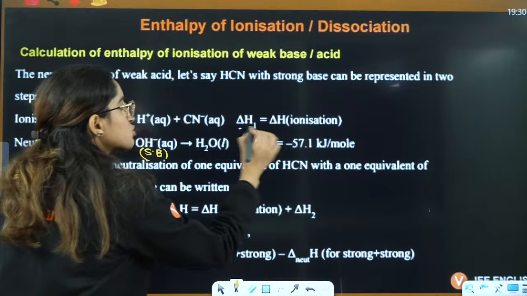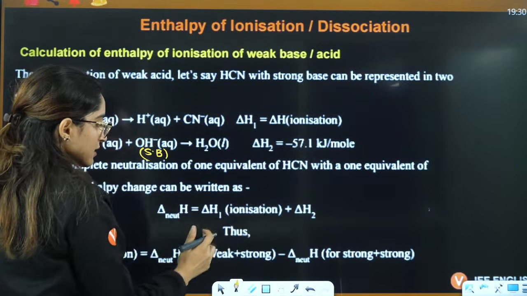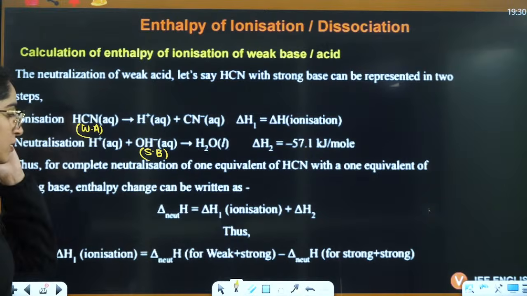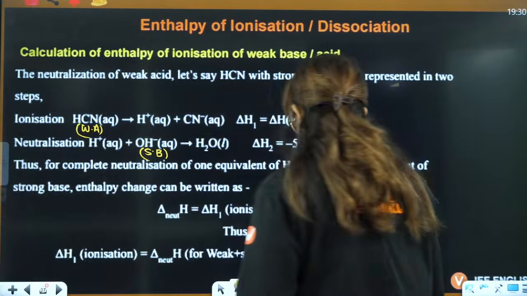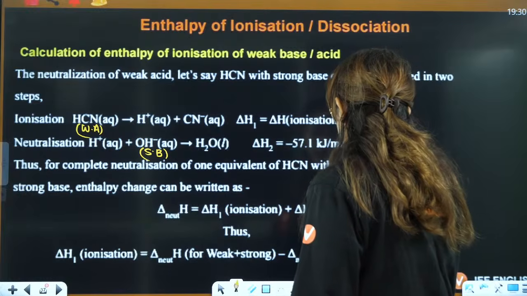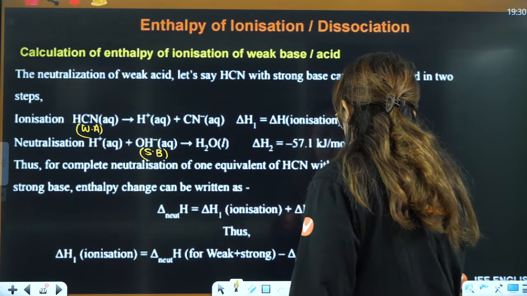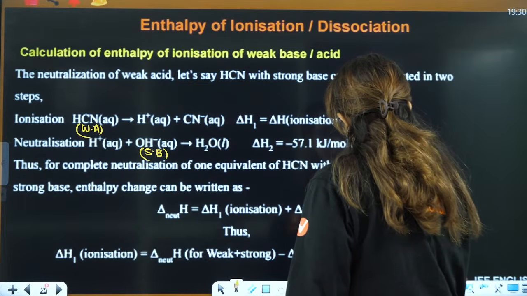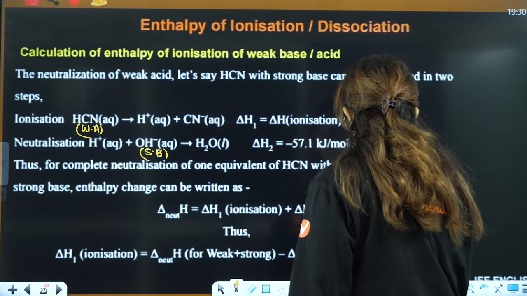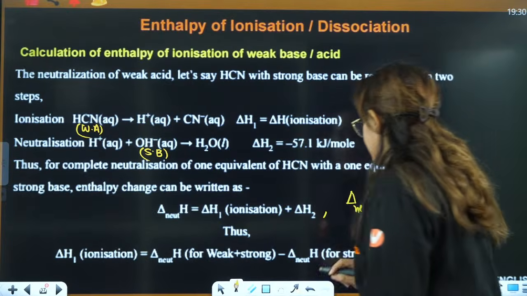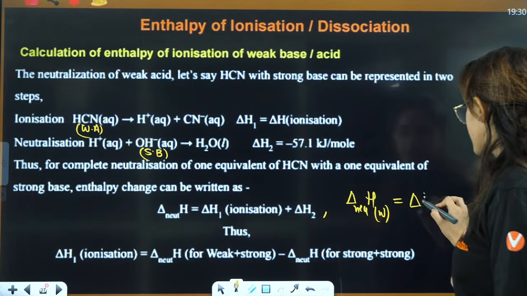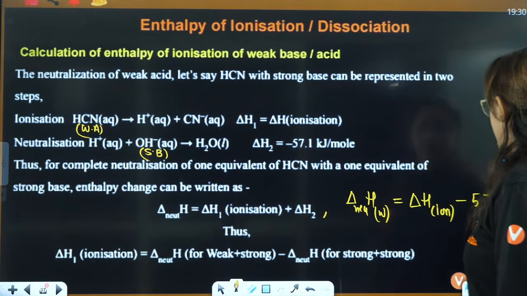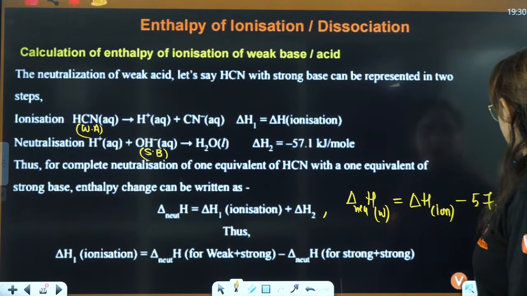That will be equal to this plus this. So you can just write it as delta H of this. You can also write it as delta H neutralization of weak is equal to delta H of ionization minus 57.1.